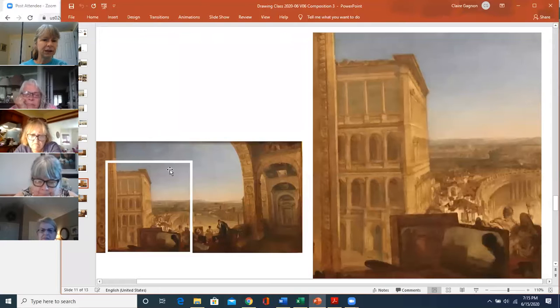So this section here, you can see on the right-hand side. In this section, there's a darker background. But what I want you to pay attention to is this building here and how well drawn it is. It's a very good example of perspective. The roof line is almost vertical right here.